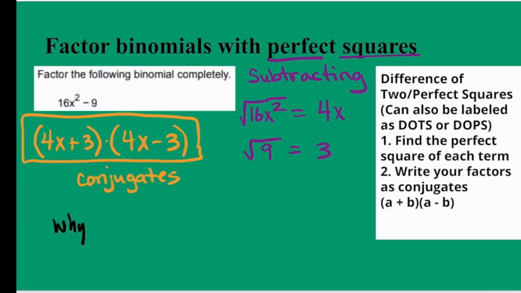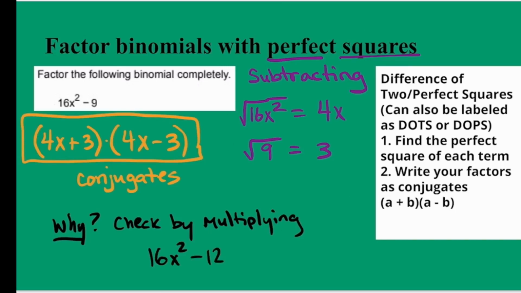So the reason you do this is because if you check your work, meaning you actually distribute and multiply those pieces, you would have 16x squared, now we're distributing, minus 12x plus 12x minus 9.